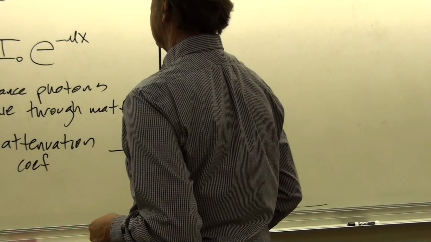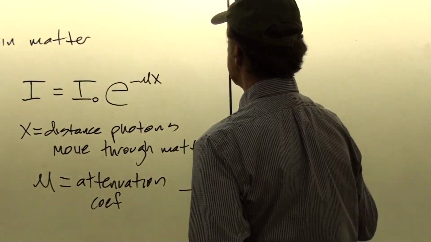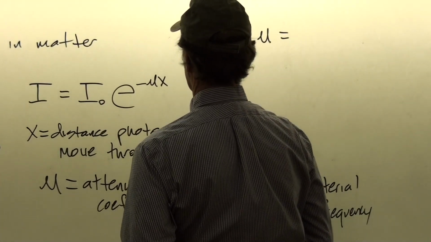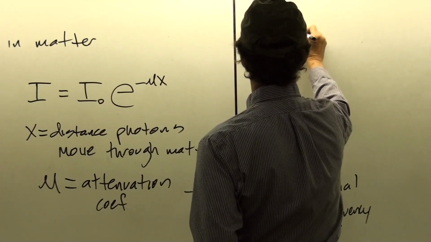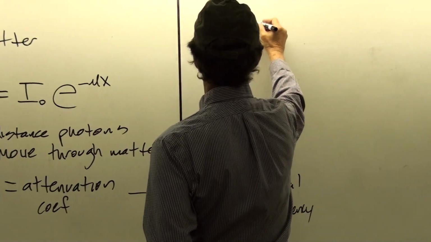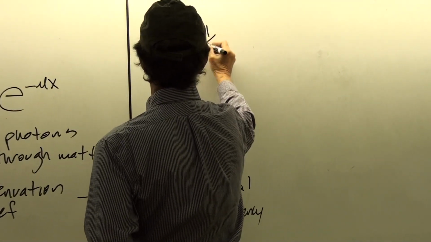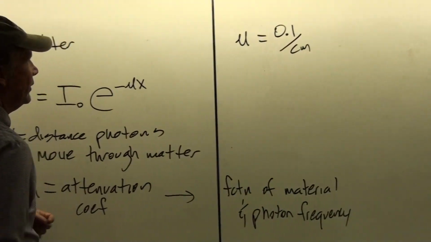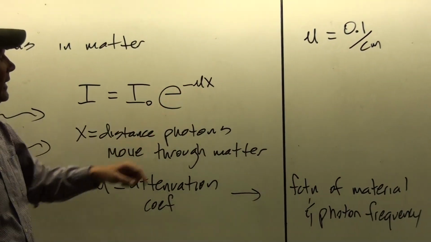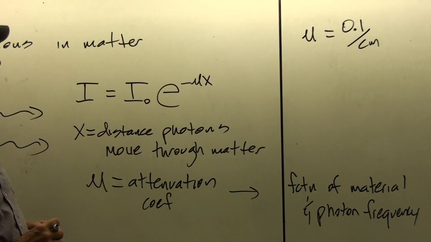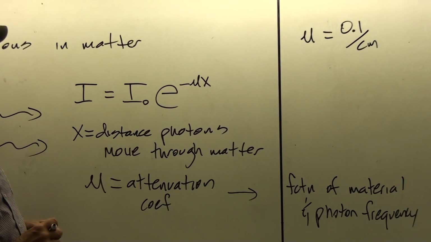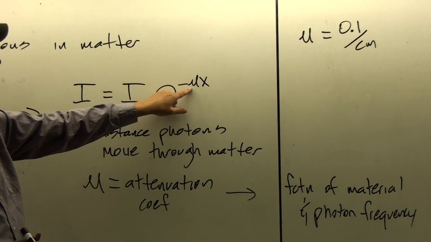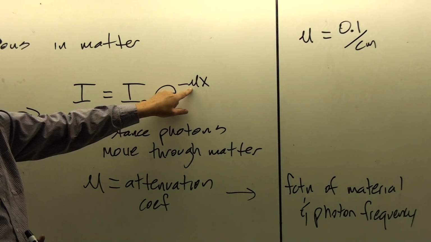But let's just look at this for a certain value. Let's say that mu is 0.1 per centimeter. Okay, now, how do I know it has units of reciprocal length? Well, because the quantity in the exponential here is going to need to be a unitless quantity.